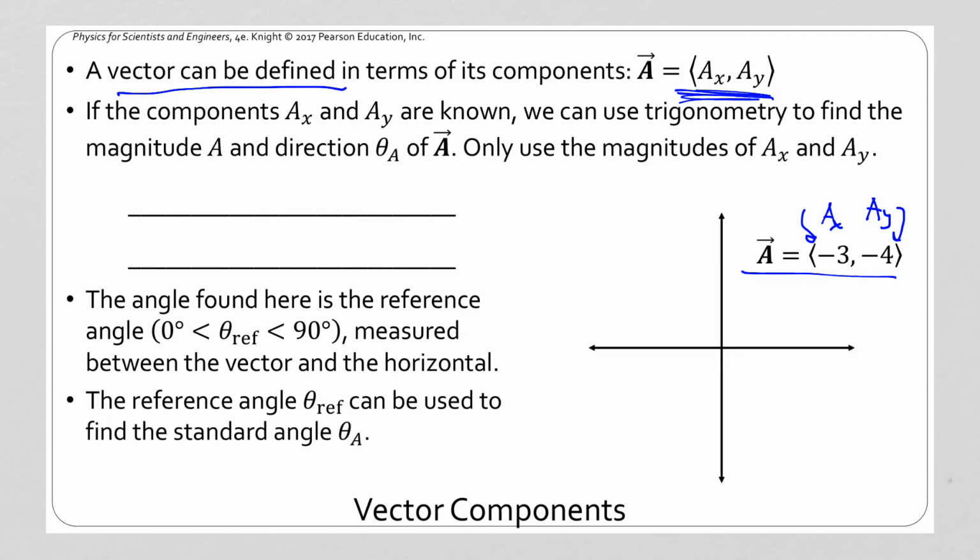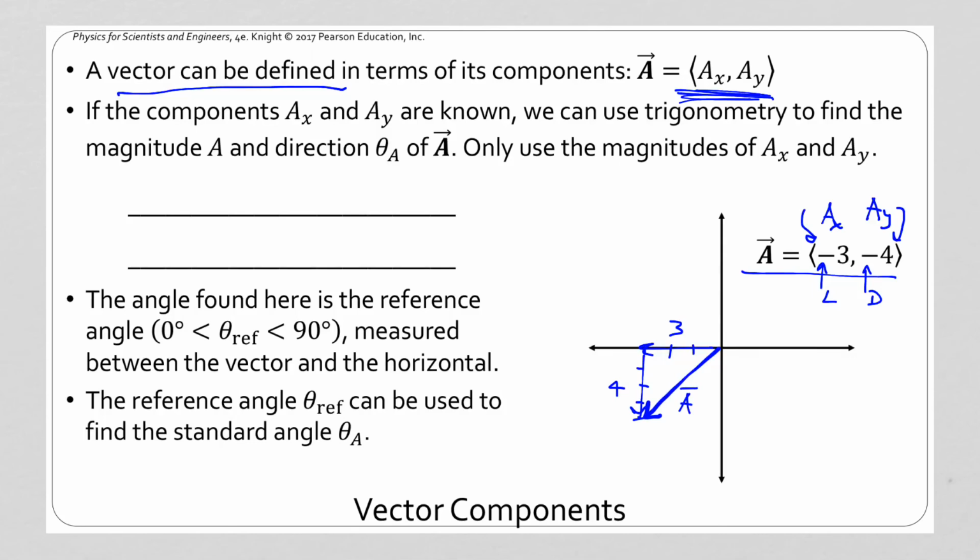It is a vector, and we know the x component is first, the y component is second. So -3, -4 means a vector that goes 1, 2, 3 to the left because it's negative, and -4 means we're going 4 downwards: 1, 2, 3, 4. And so this is the vector that we are looking at here.